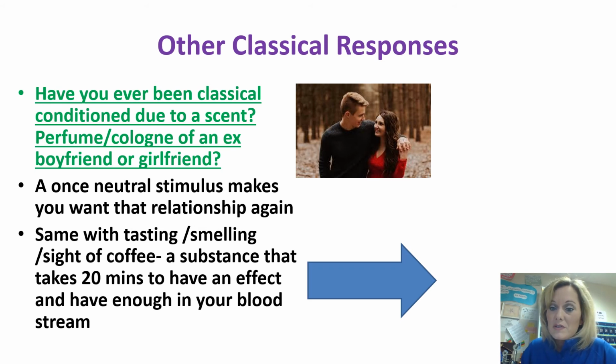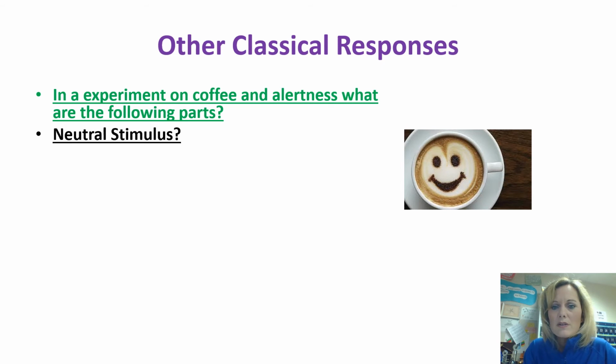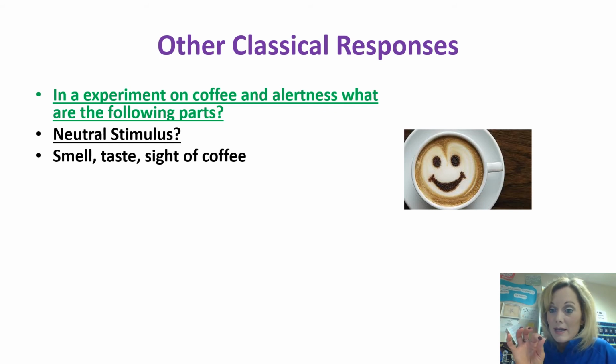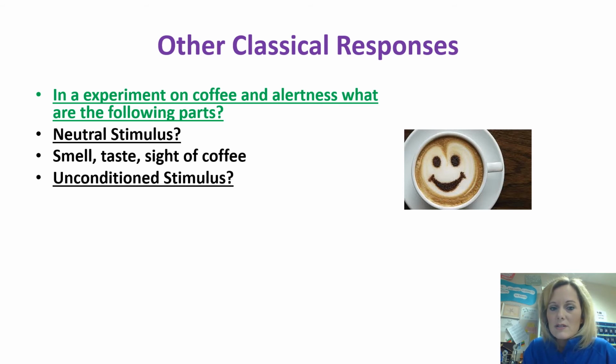The other interesting thing was the thing they did with coffee. They figured out that coffee is a substance that gets in your bloodstream and takes about 20 minutes. But when they did this experiment, they found that it didn't always have to happen. In the experiment, the neutral stimulus was just the smell, a slight taste, not ingesting for 20 minutes, and then the sight of coffee. The unconditioned stimulus was the caffeine that makes you alert.